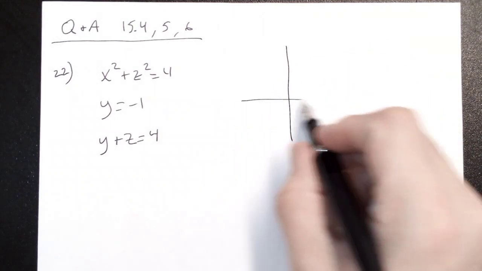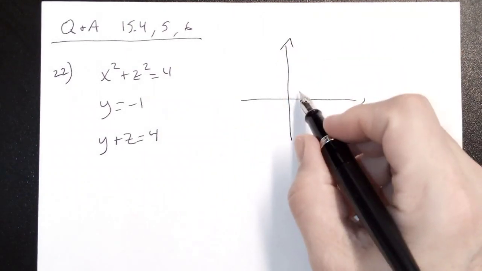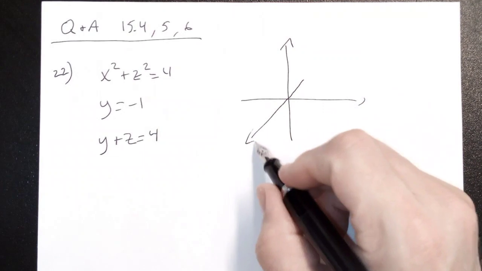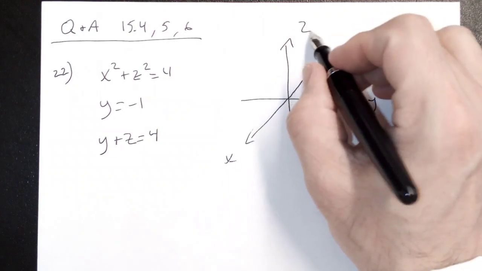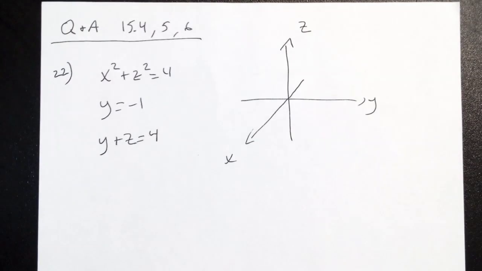So x squared plus z squared equals 4. What's that a graph of? But what's the cross section of that cylinder? Long ways it's this way, in the y direction. What's the other part of it look like?